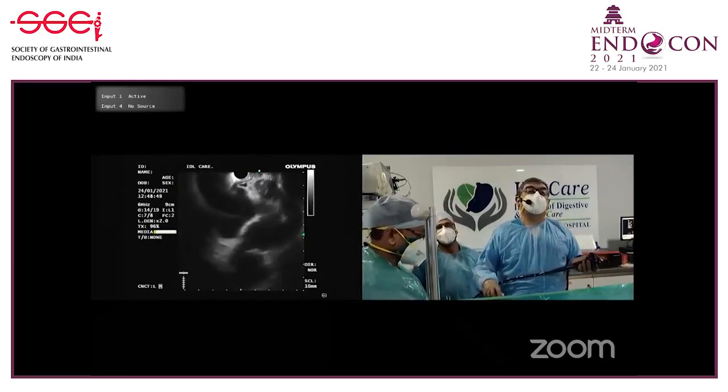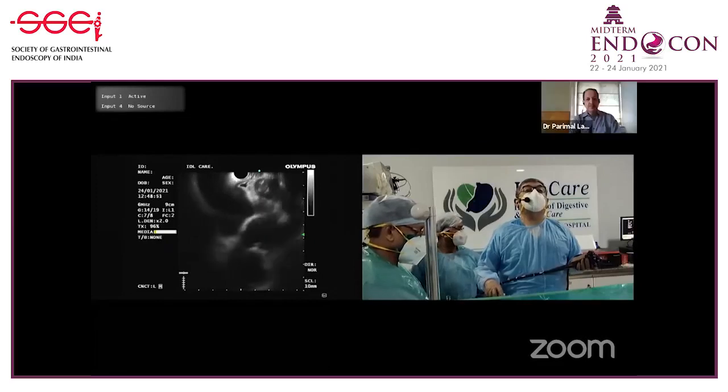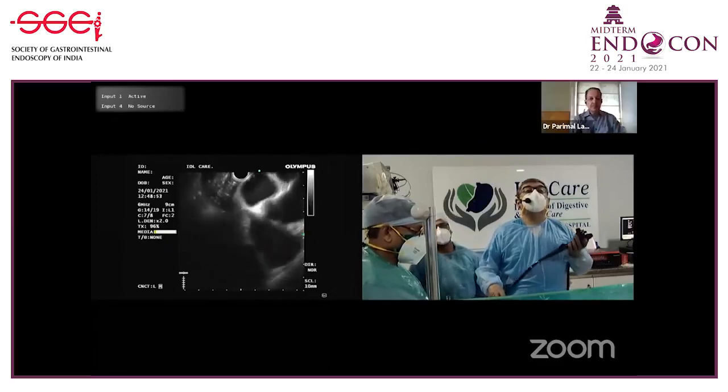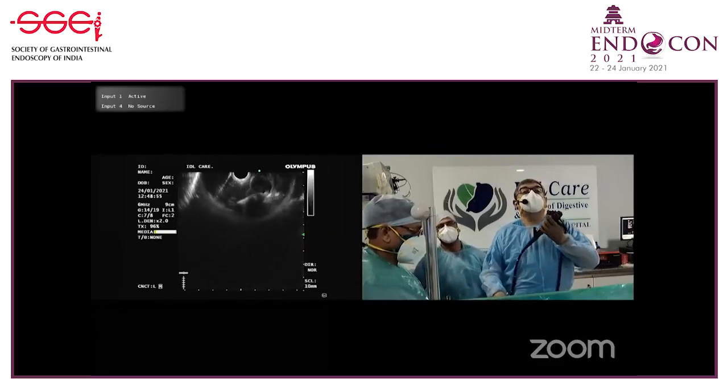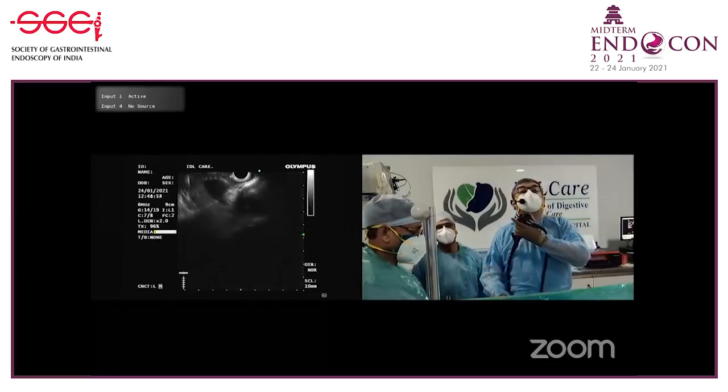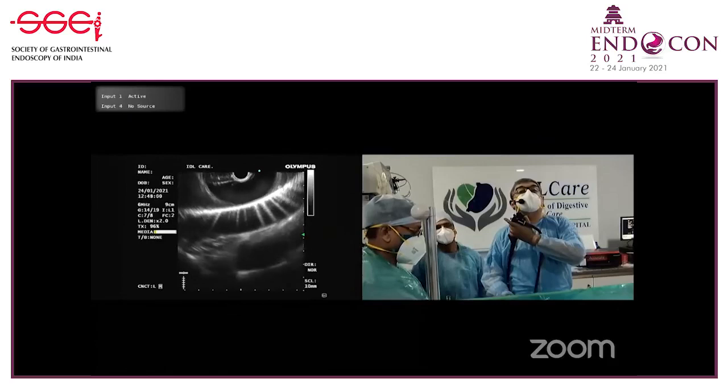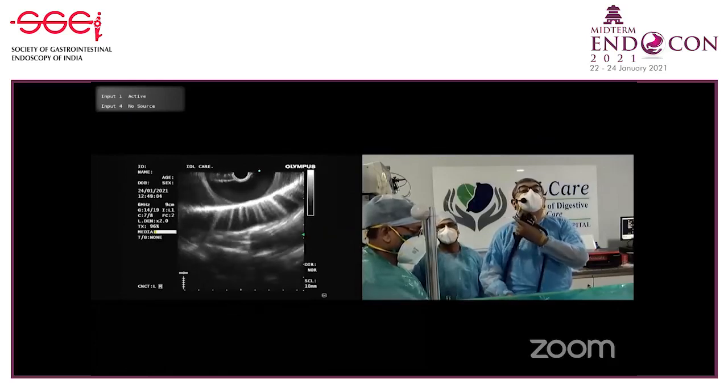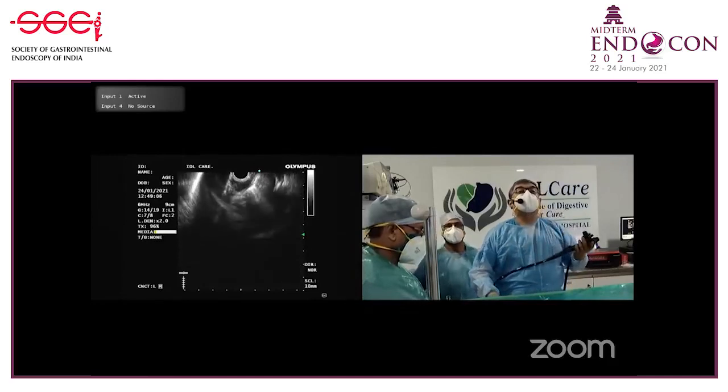That will be the trachea and the heart. If I turn clockwise like this, I am going posterior. So I am seeing structures posterior to the esophagus. That is the aorta, vertebra, and all those things. So this is a basic rule which we need to follow.